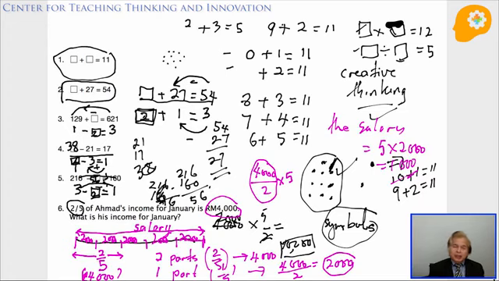So two things here that you can develop: a deeper understanding of fraction, as well as teaching your children higher order thinking, critical thinking, and creative thinking, along with the content.